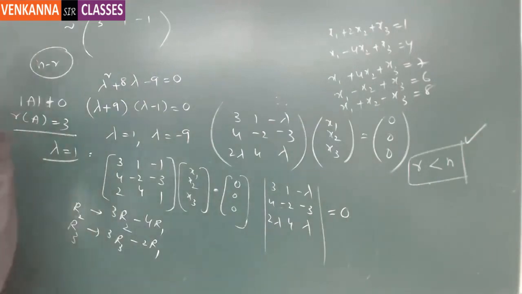Here the number of variables is 3 and the number of equations is more than 3. It is a rectangular matrix. In this case, we simply apply the row operations and reduce it to echelon form. If rank is equal to the number of variables, it has the trivial solution. If rank is less than 3, the number of variables, then we take one variable as constant and solve the system. That's it.